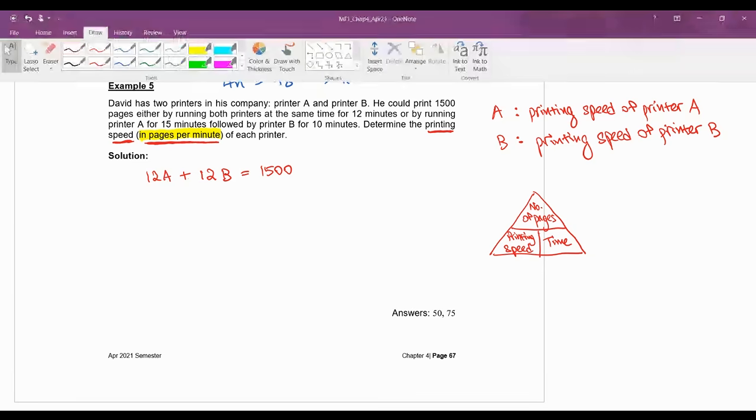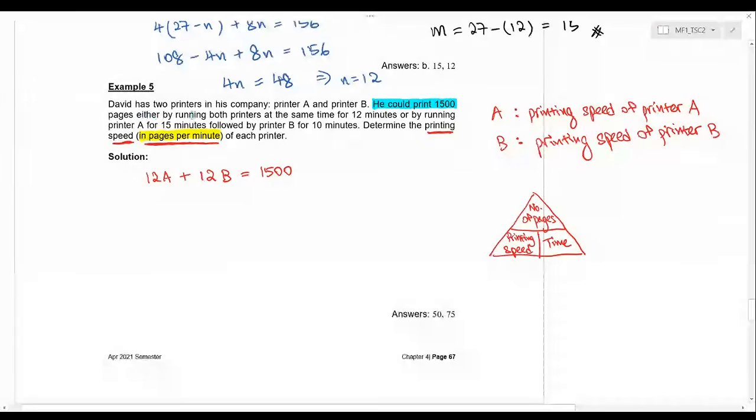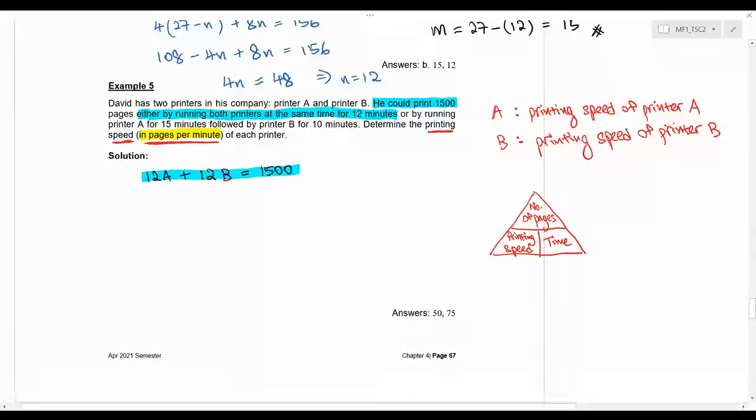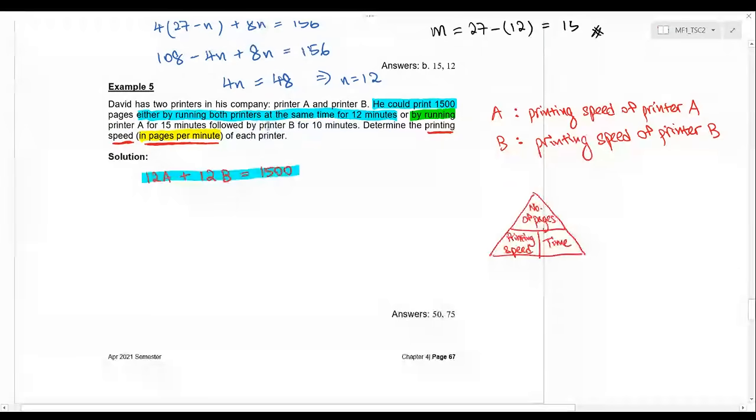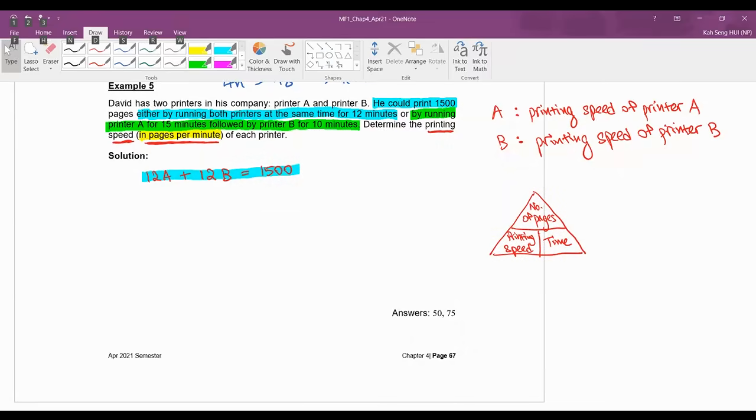So then the other thing, let me highlight this. He could print 1,500 either by running both printers at the same time for 12 minutes, and that gives us equation 1, or by running printer A for 15 minutes, followed by printer B for 10 minutes.